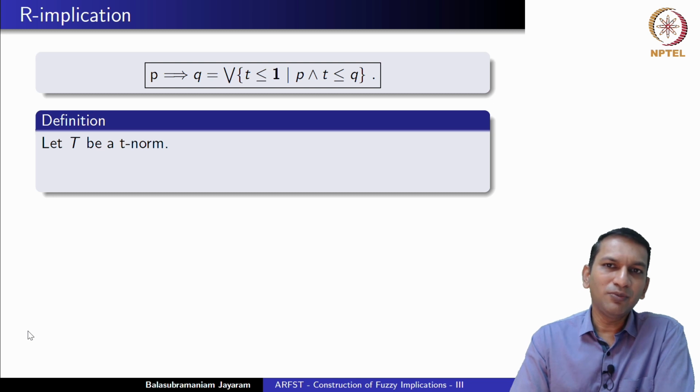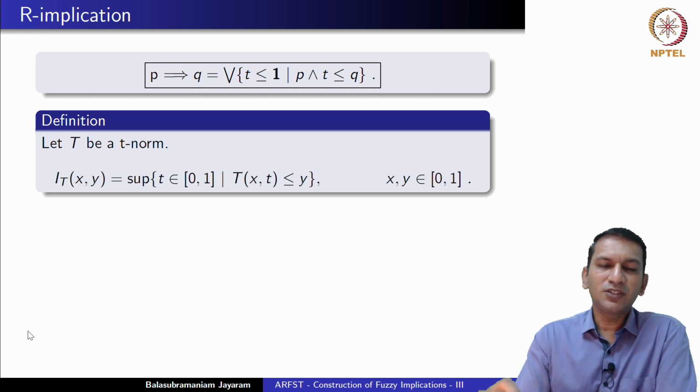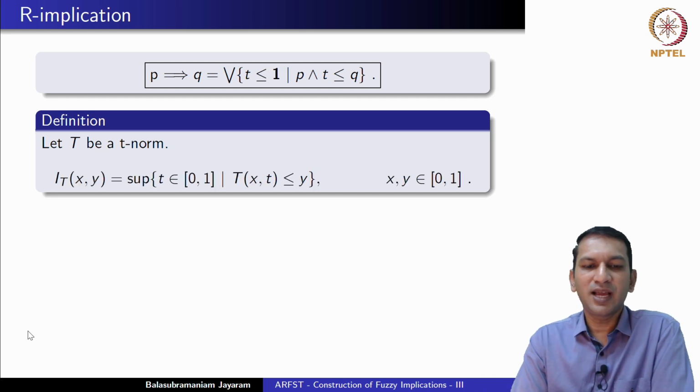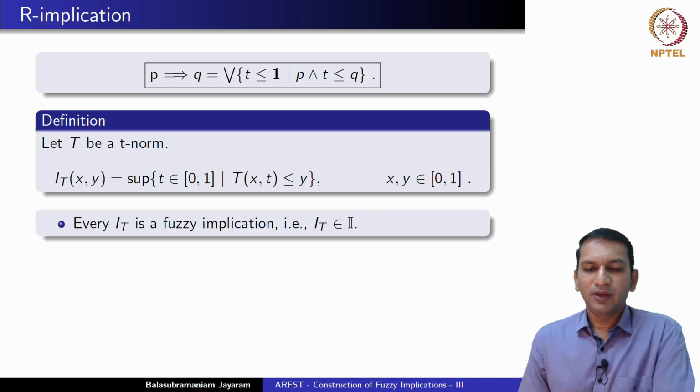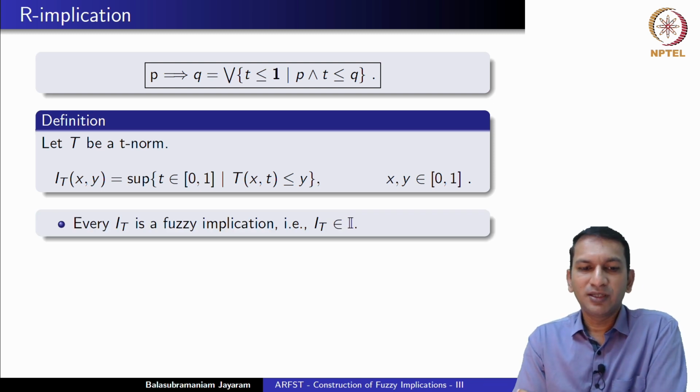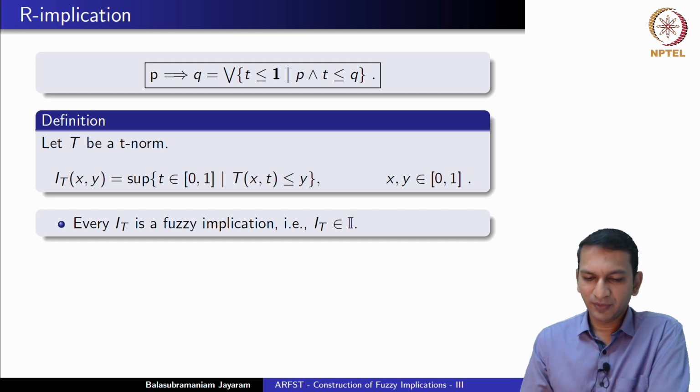Hence, given a T-norm T, we could define this function which we denote as I_T. I_T of x,y is equal to the supremum of all those t such that T of x,t is less than or equal to y. Now, it can be shown that every such function is in fact a fuzzy implication.